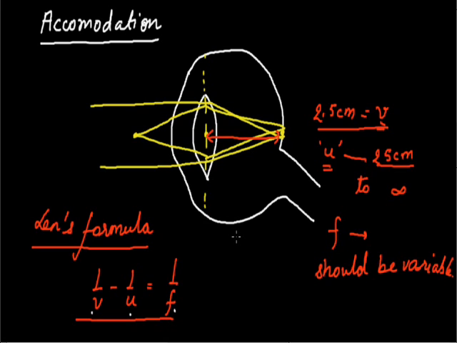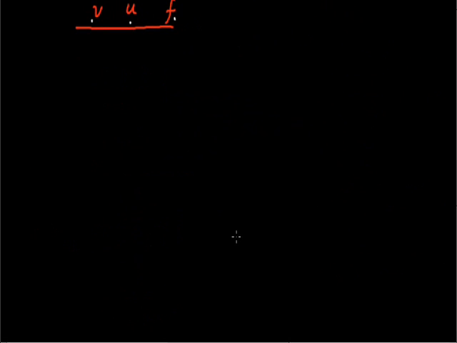Now let's come to the point of which part of the eye gives this accommodating property to your eye lens. These are the ciliary muscles.